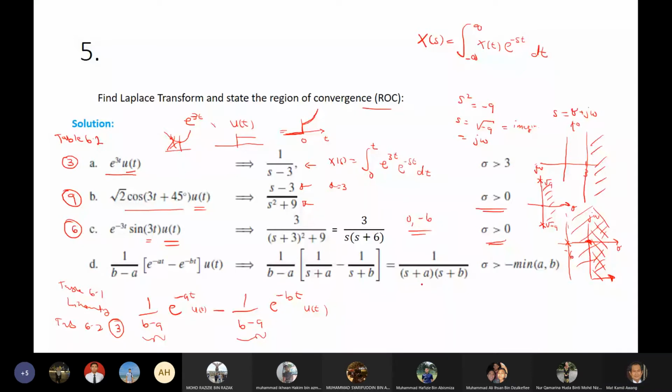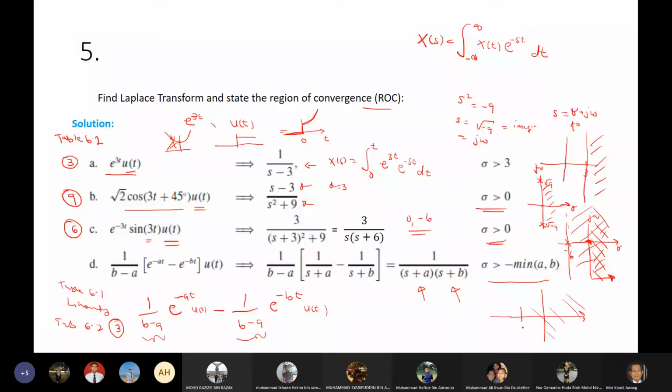So you have a pole at minus a and a pole at minus b. So you take which one is the most right? What it means is that if you have this, you take the one that is the most right, the one on the side of the minimum.